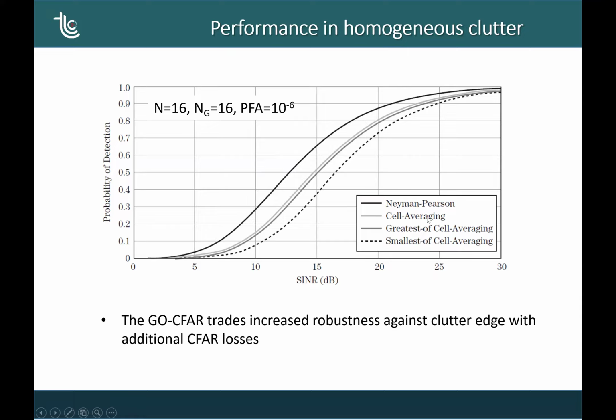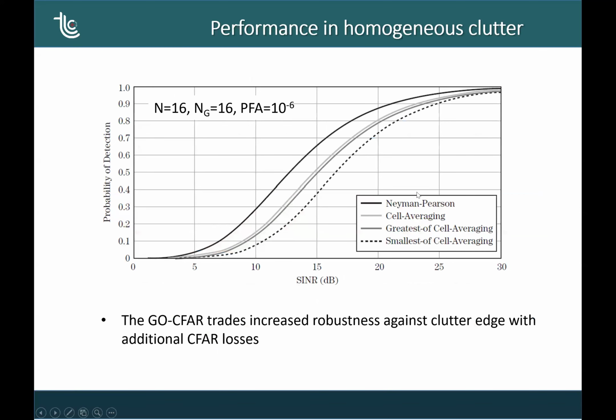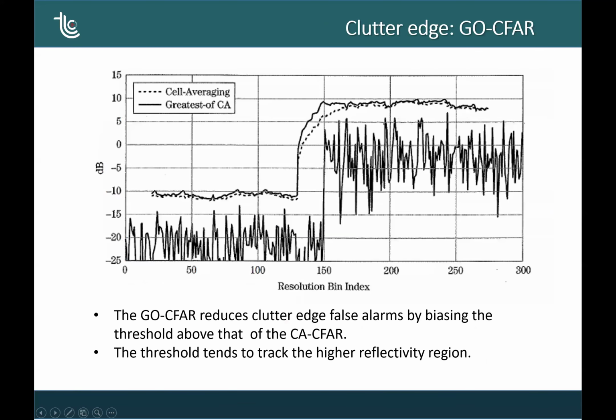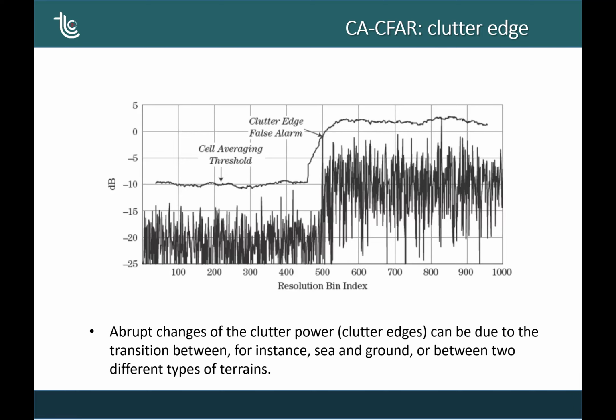And then here we have another detector that is called the smallest of, the SO CFAR. How does it work? The smallest of is similar to the greatest of. It uses two averages, but instead of choosing the maximum of the two, it chooses the minimum of the two. Why this? Because you have seen that here we have two areas actually. In one area where the power is low, we decrease the probability of detection.